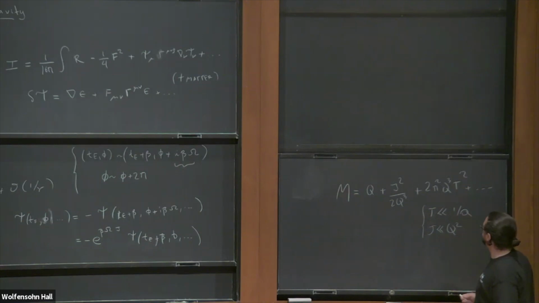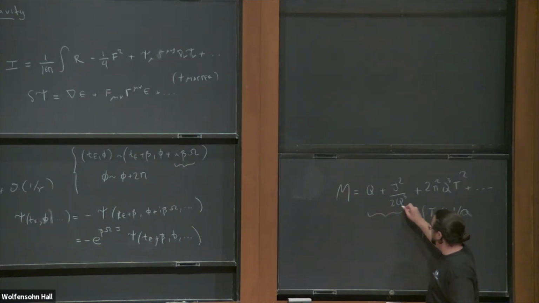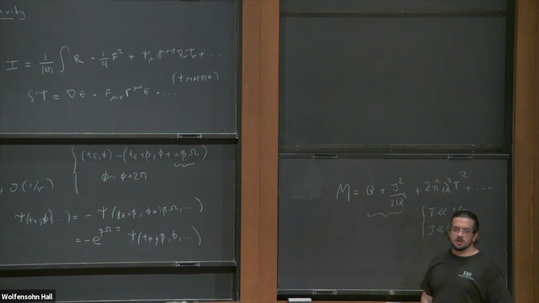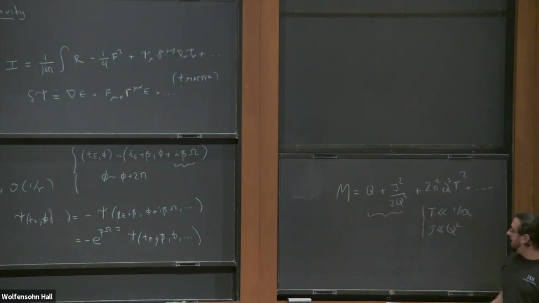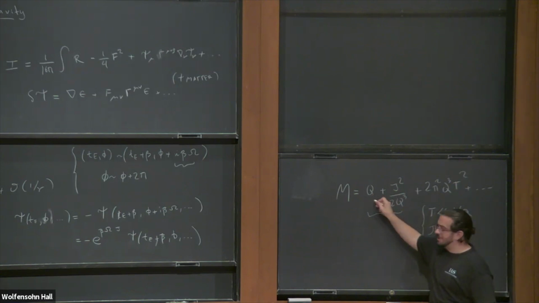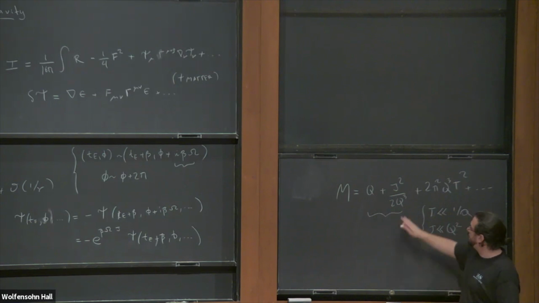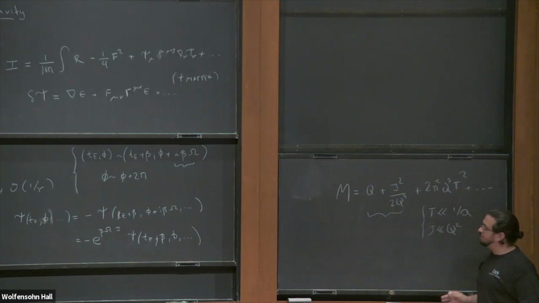Okay, the interpretation of this formula is that we have some extremal mass, which is the mass at 0 temperature, which is Q plus J²/2Q². So this is the extremal Reissner-Nordström mass. And this J² correction comes from rotation. Again, there's a complicated formula that for small enough J has this form.